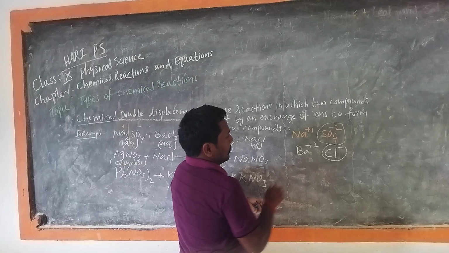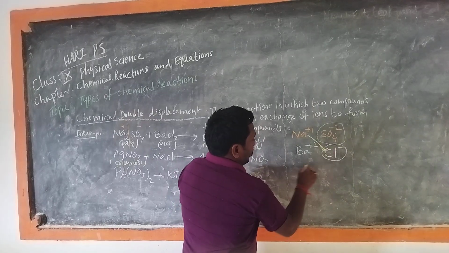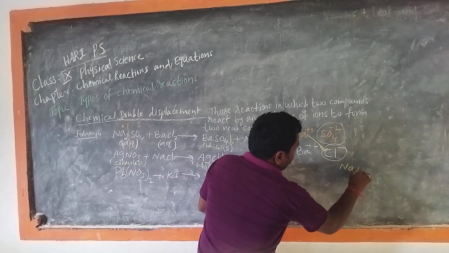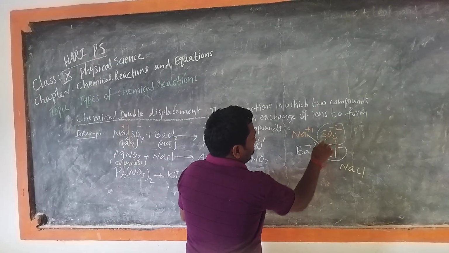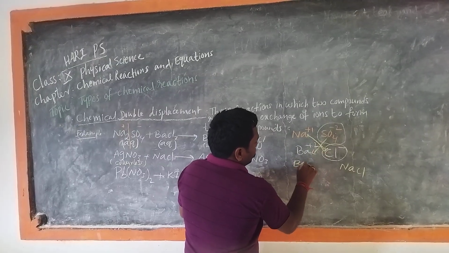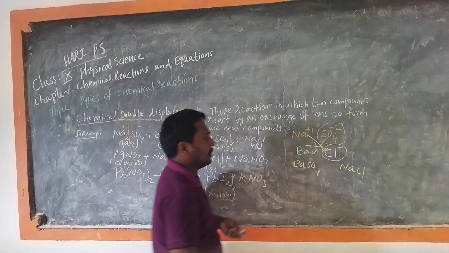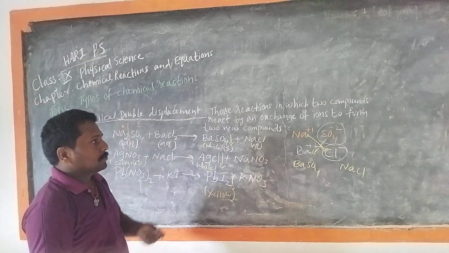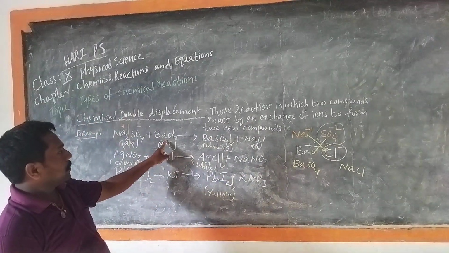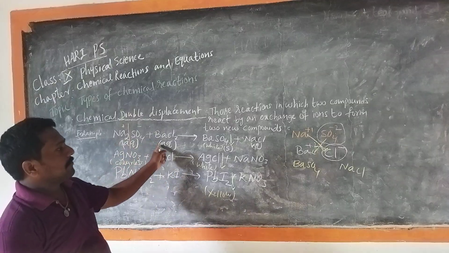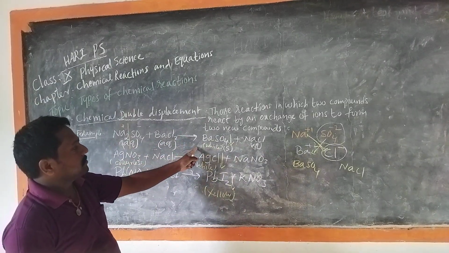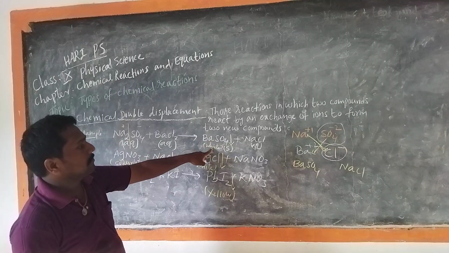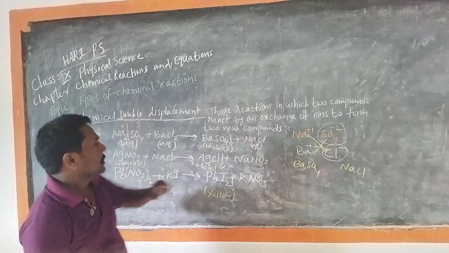After exchanging, a new product is formed, NaCl. Then barium sulfate is formed. So before, they were barium chloride and sodium sulfate. After the reaction, after exchanging the ions, it turns into barium sulfate and sodium chloride.